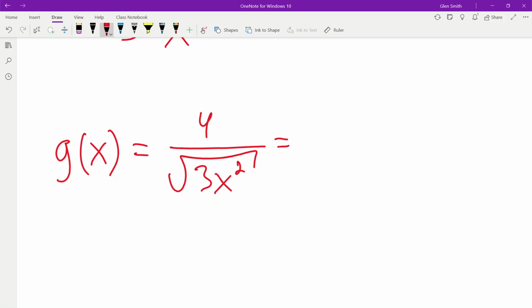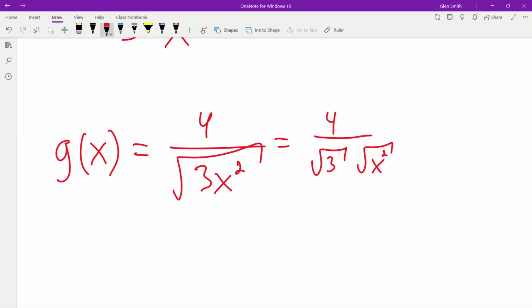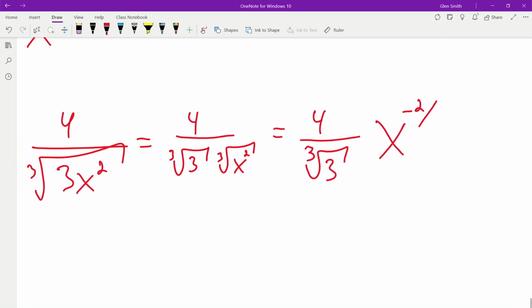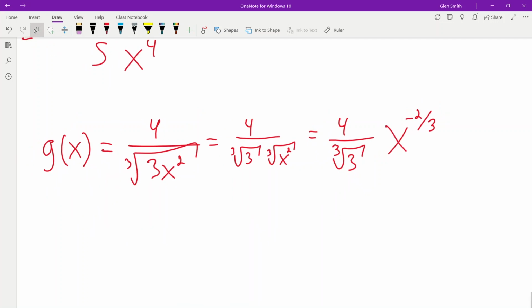So the first thing you should do here is break apart that root. Let's make this a different root, because x squared in there doesn't make any sense. Let's make it a cube root or something. Everybody with me on that? Breaks apart. And now I can rewrite this as 4 over the cubed root of 3 times x to the negative 2/3. Everybody see how that works?